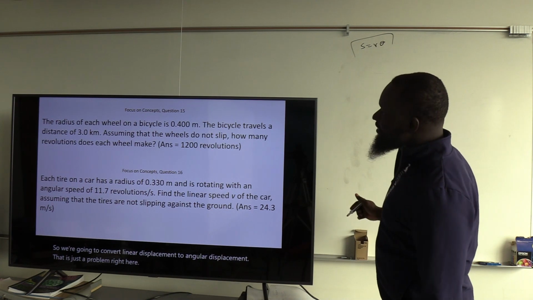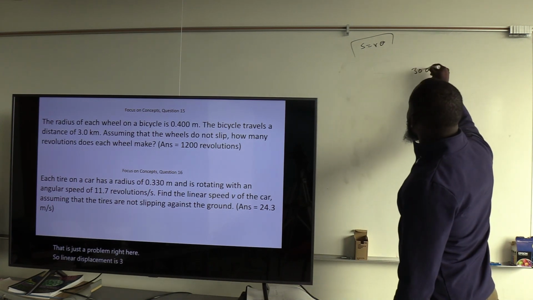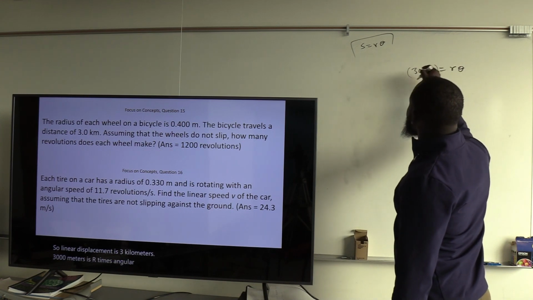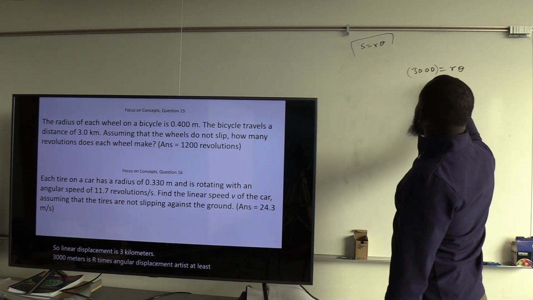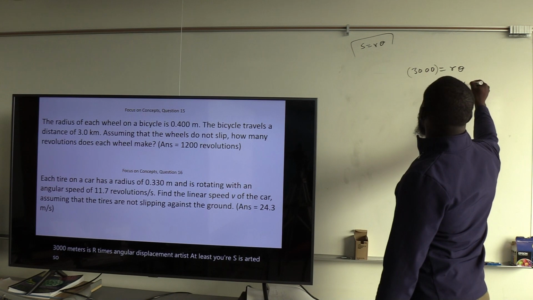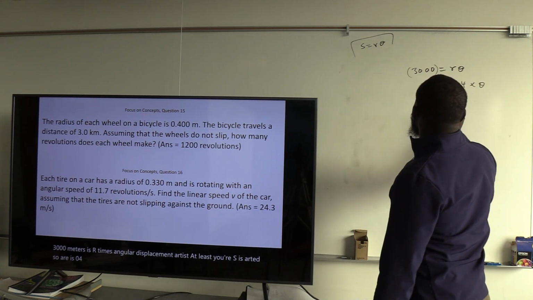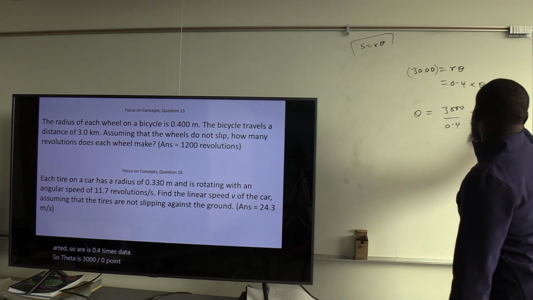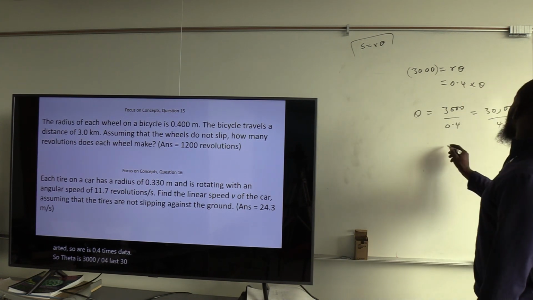So linear displacement is 3 kilometers, 3,000 meters, which is R times angular displacement, R theta. So this is your S, is R theta. R is 0.4 times theta. So theta is 3,000 divided by 0.4. That's 30,000 divided by 4.